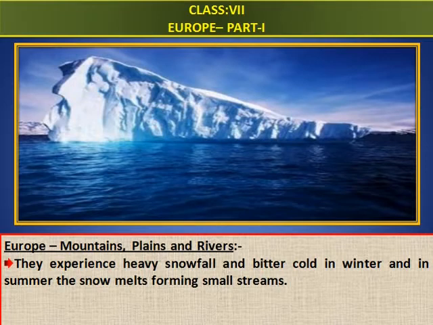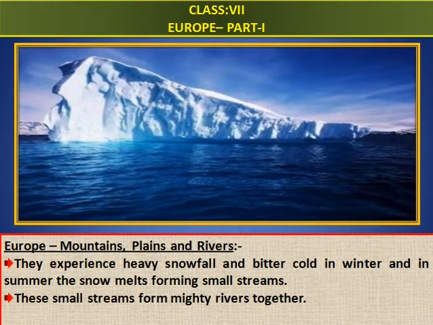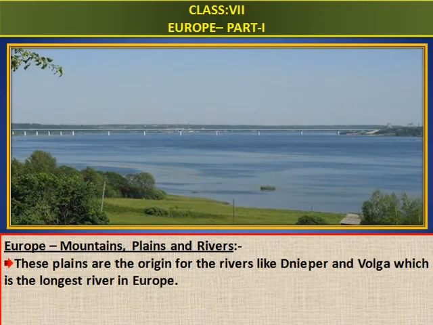These small streams together form mighty rivers. These plains are the origin for rivers like the Dnieper and the Volga, which is the longest river in Europe.